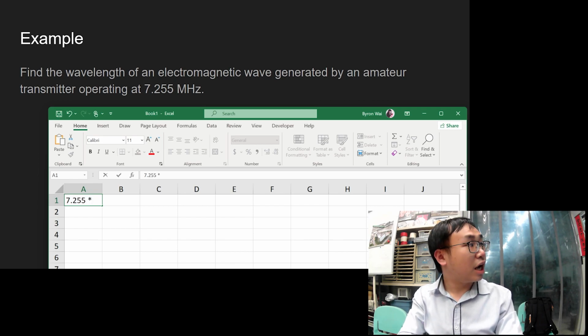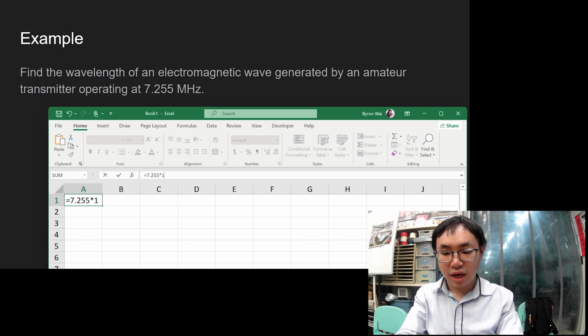What does the mega represent? 10 to the power 6, right? Times 10 to the power 6.